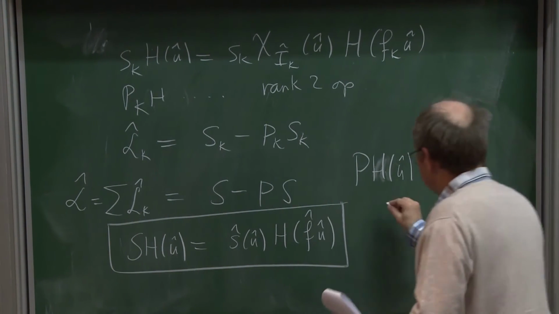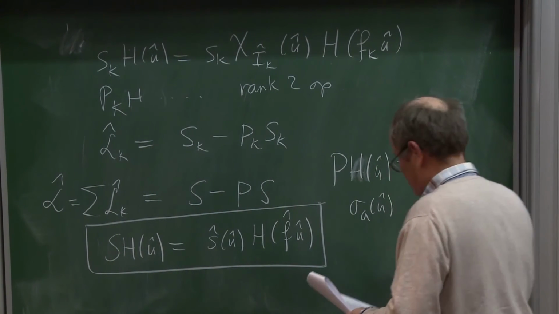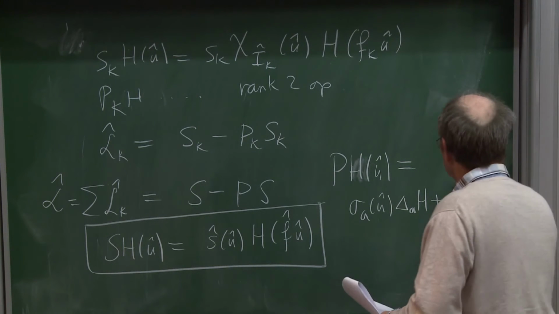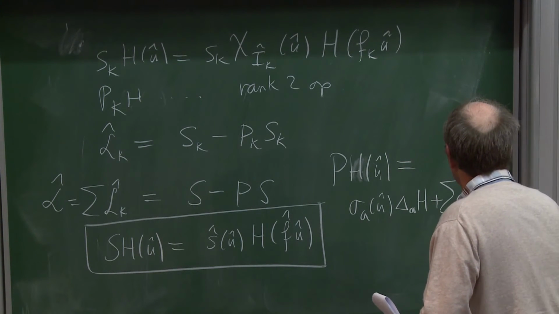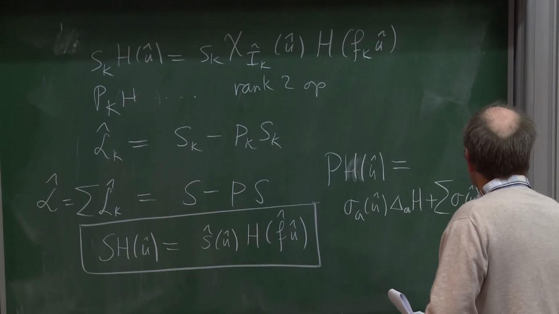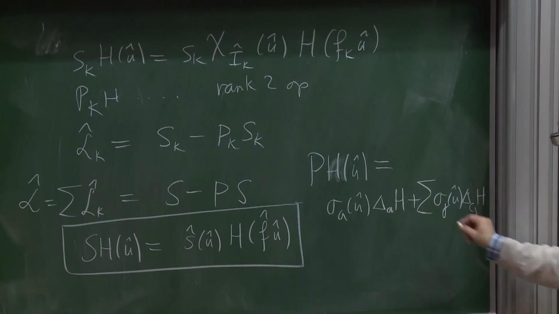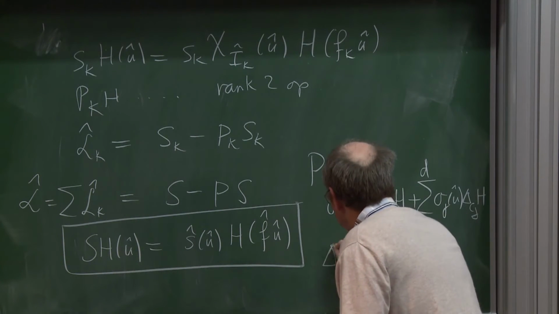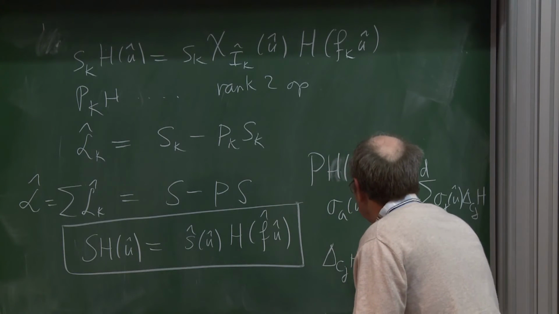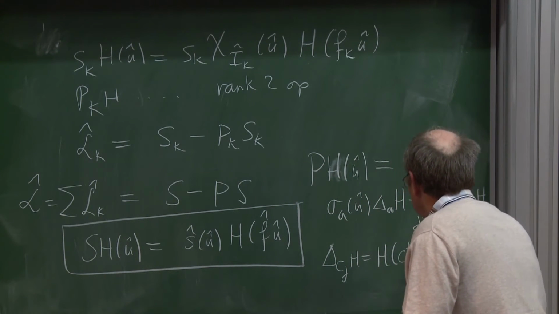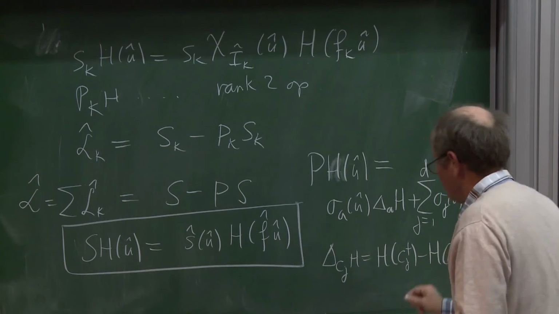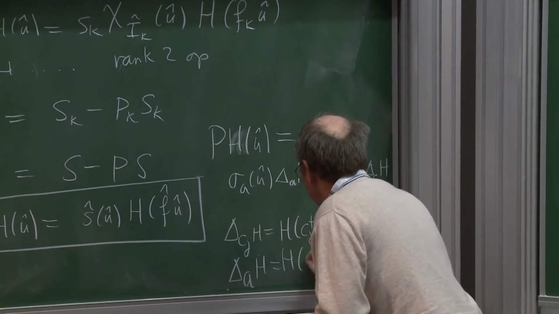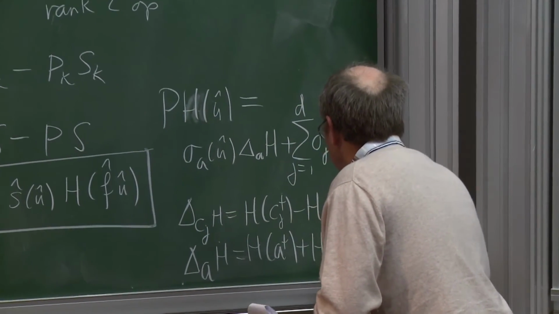That would be sigma a u hat delta a of h plus, and then there's a sum sigma j of u hat delta cj of h. And finally, what are these delta cj of h? That's h of cj plus minus h of cj minus. And there's one exception, which is delta a h, which is h of a plus h of b minus.